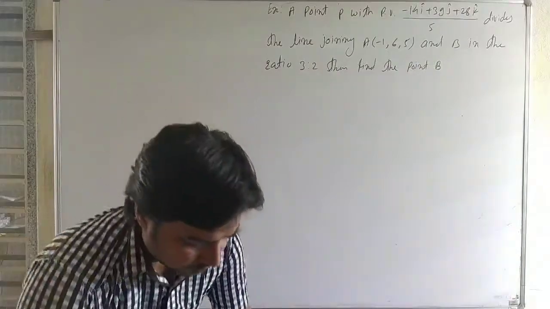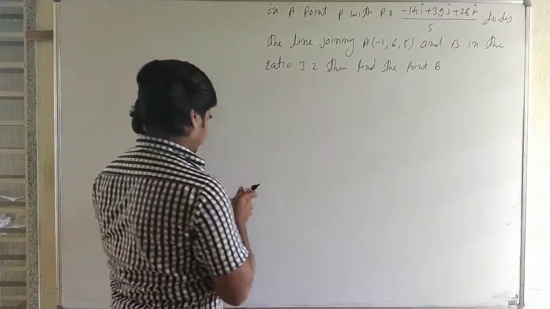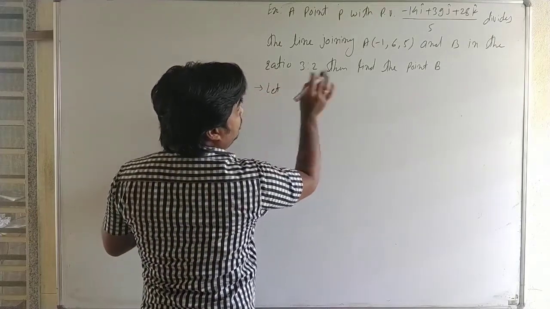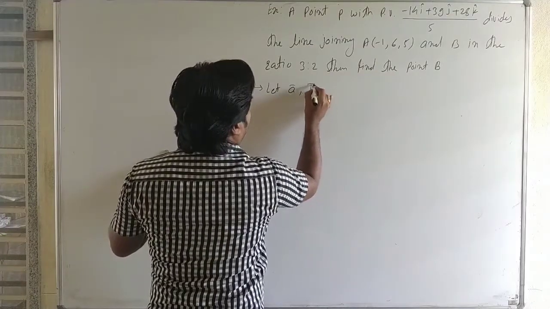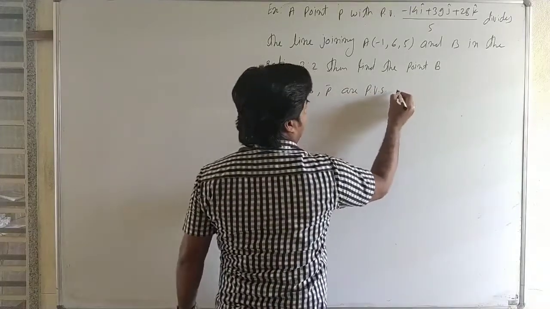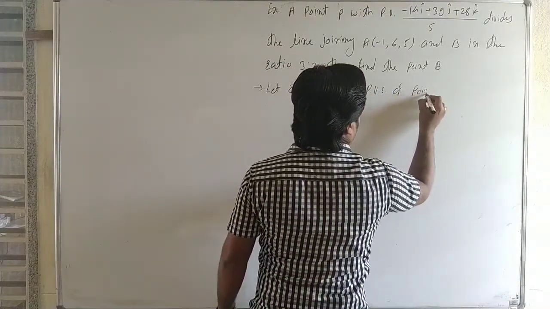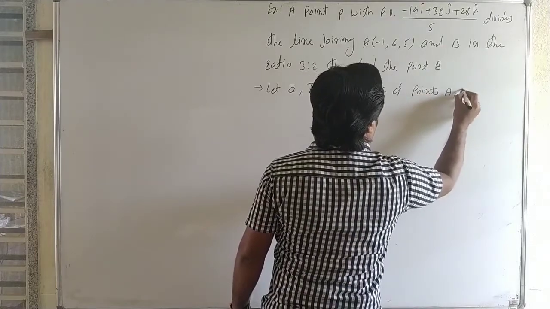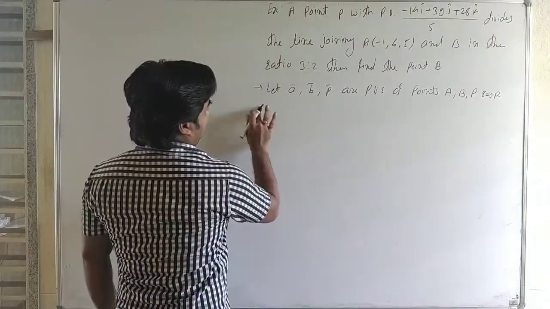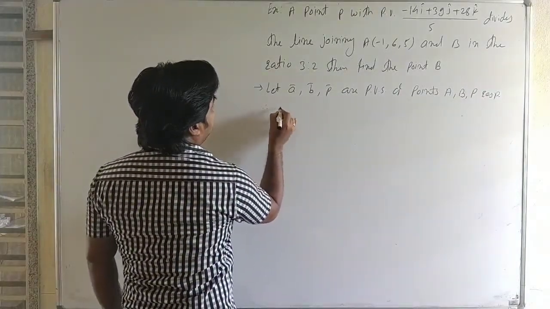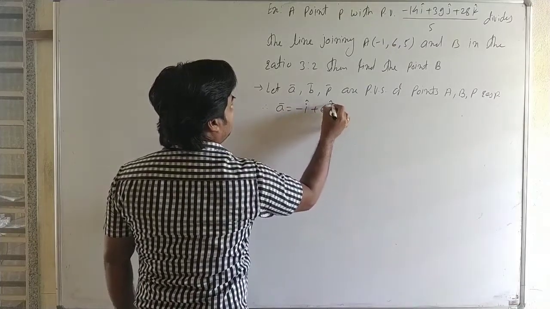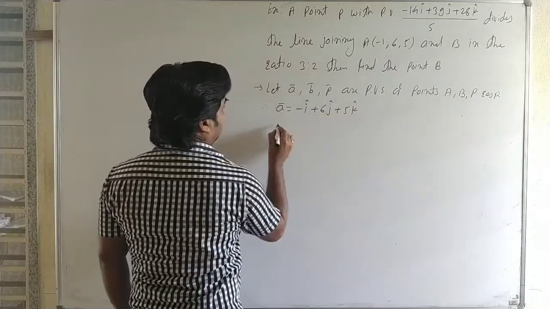Okay. Here the position vector of point P is given. First we can write the position vectors of all points. Let A bar, B bar and P bar be the position vectors of points A, B and P respectively. It is given A bar is equal to minus I cap plus 6 J cap plus 5 K cap.